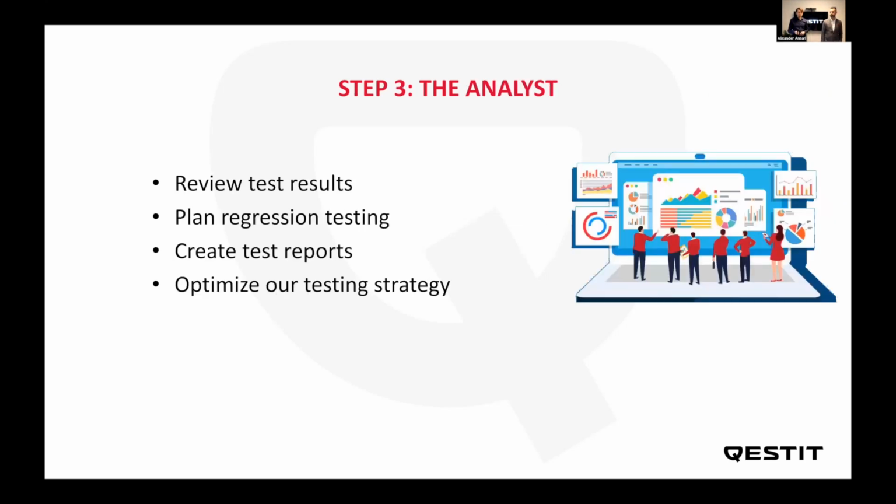Next step, I would say, is the analyst. So in this step, the AI will review the test results. It will plan regression testing. It will also create test reports for us. And it can also optimize our testing strategy. And what I mean by that is there are tools right now that are looking up our whole scope of test cases. And maybe we make a change in one module, and we want to know which other modules this is affecting.